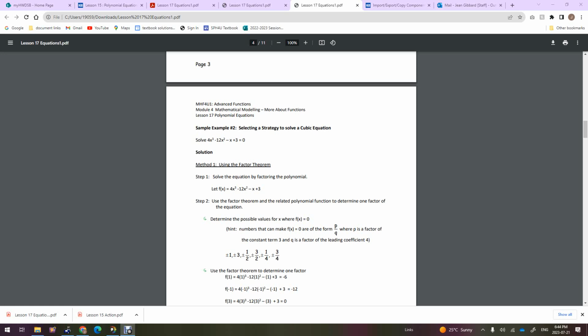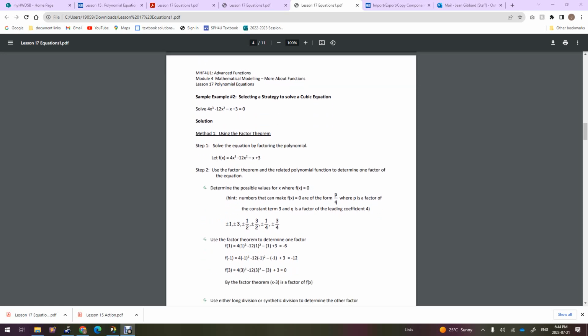Now, we can then get a range of values. Using these values, we can substitute them in to see what's going to work.